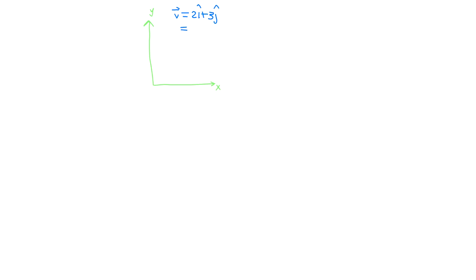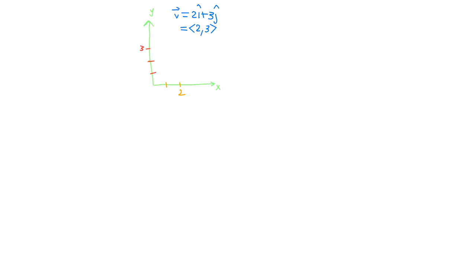This vector has two components: 2 toward the positive x-axis and 3 toward the positive y-axis. So this is our vector V.